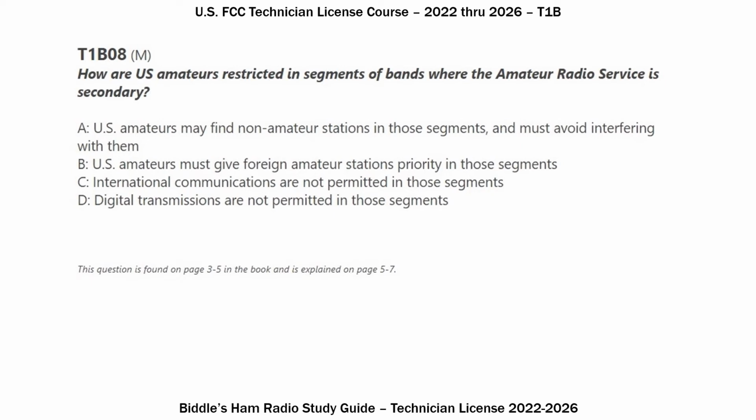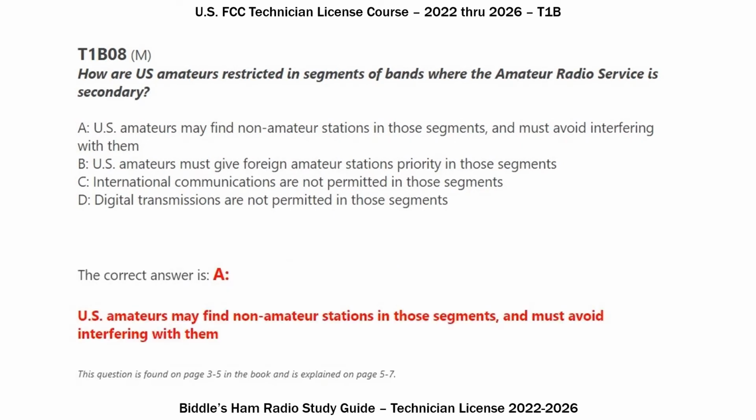B. U.S. amateurs must give foreign amateur stations priority in those segments. C. International communications are not permitted in those segments. Or D. Digital transmissions are not permitted in those segments. Our answer to this one is A. U.S. amateurs may find non-amateur stations in those segments and must avoid interfering with them.